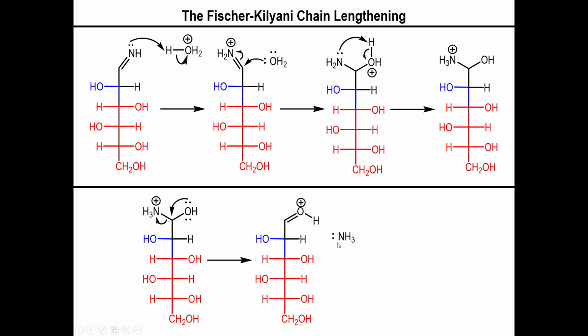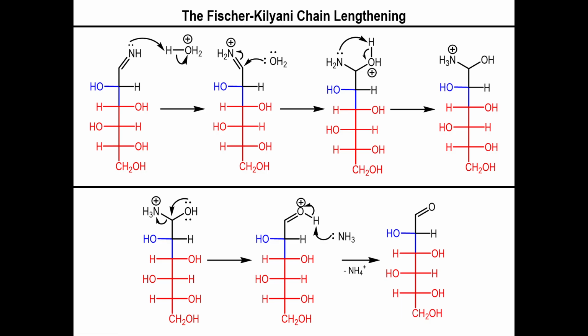So now we end up with the ammonia byproduct and the protonated aldehyde, which then simply the ammonia snatches that proton away from, the electrons go back to the oxygen, and voila, now you have your new aldose sugar that is one carbon chain longer than it used to be. So this is what the Fischer-Kiliani synthesis is all about.